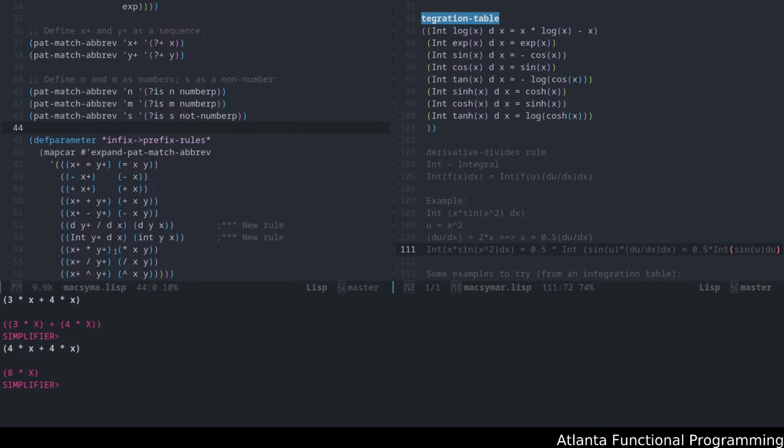So that's just simple substitution. From basic integrals, like the trigonometric functions where we know what the integral is, we could just define a rule for it.